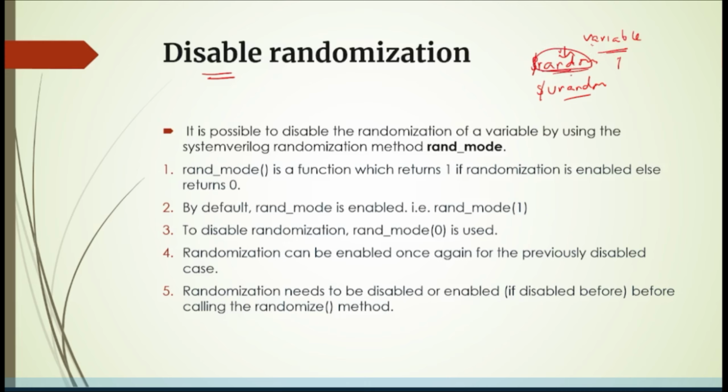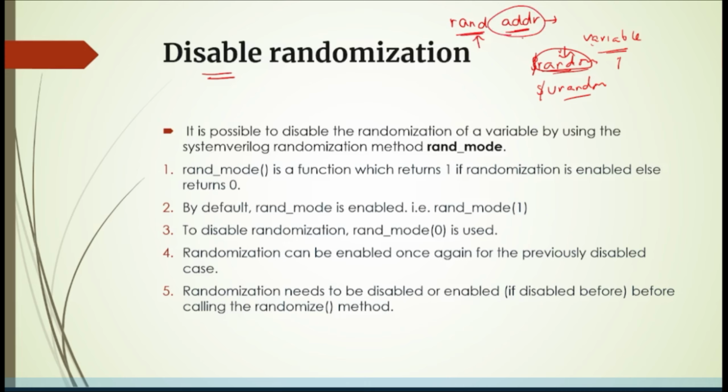But in SystemVerilog, this is the advanced feature. For example, you are using rand address. This is my variable, and since I am mentioning the rand keyword, this address is being randomized. At a particular point of time when I am writing my testbench code, there may be some case where I don't want any randomized bits for this address.